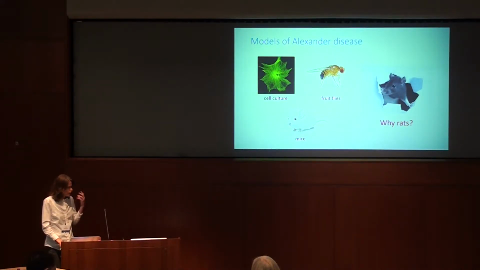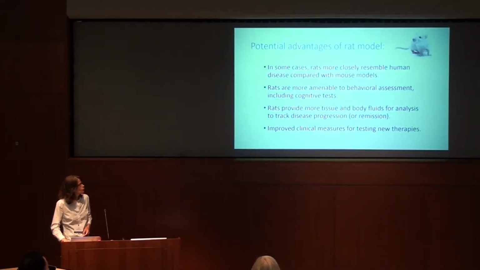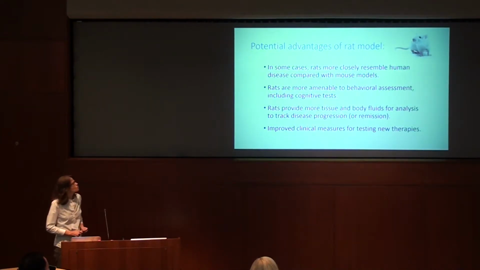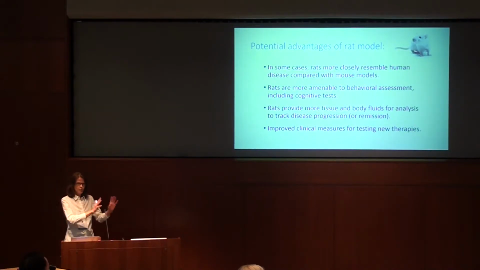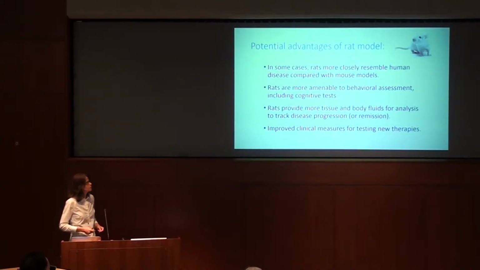They replicate many of the things that we know about the cellular and molecular pathology, but on a behavioral level, if you're looking at symptoms, they have very subtle cognitive deficits and no motor deficits, and they're really pretty normal just to look at them. So for the rat, it's been shown with some other disease models that if you make the same mutation in a mouse and a rat, the rat symptoms seem to more closely resemble what you see in humans.